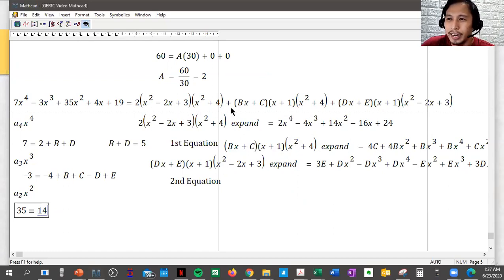Okay? Now, plus, assuming that we can't expand it, assuming we're just doing mata-mata, di ba? In Bisaya, mata-mata, no? Inspect lang natin. So, x squared, how can we get that x squared dito? Bx times x squared na yan, times constant, so plus 4b. Okay? Plus 4b. Another, bx times 1 times x squared.